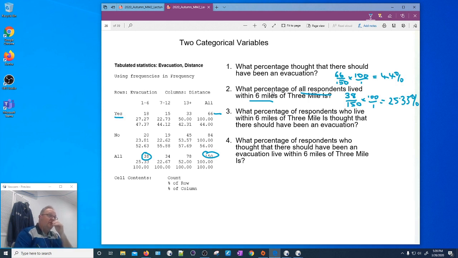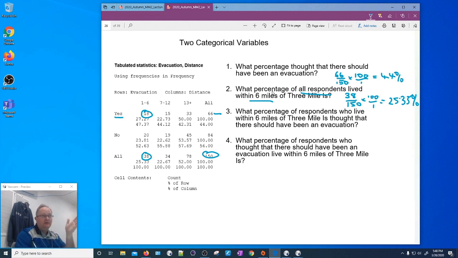What percentage of respondents who live within 6 miles of Three Mile Island thought that there should have been an evacuation? So within 6 miles, here it is, that's the number, but that's of the total within 6, so it's 18 over 38.